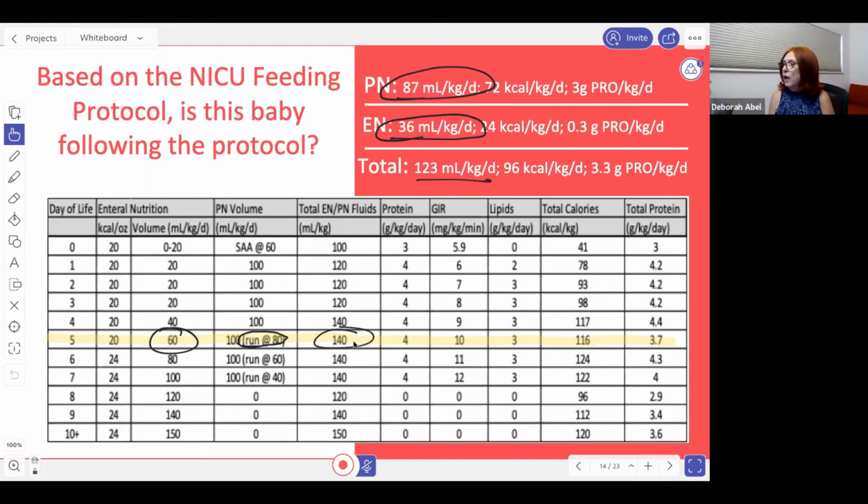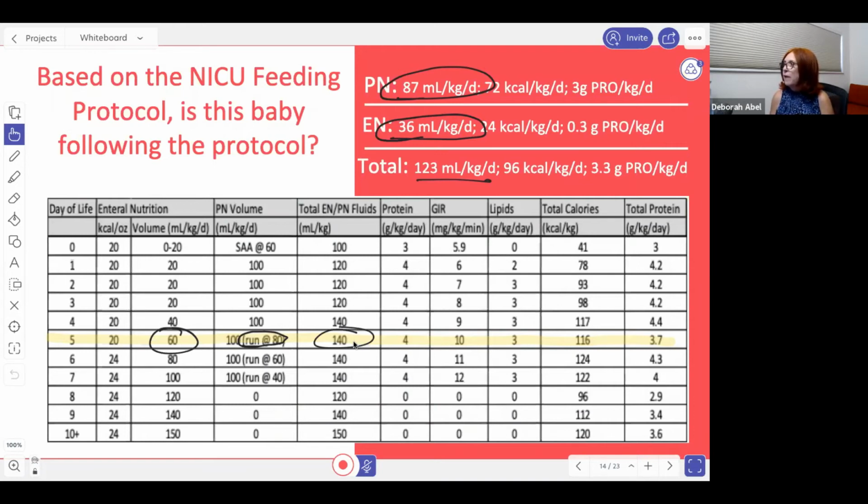Right. And if there is a complication with the baby, they really need to run the parenteral nutrition at a higher volume. So even in this case, this explains why it's being run at 3.2 instead of 4.2, the parenteral, because we're increasing the enteral.